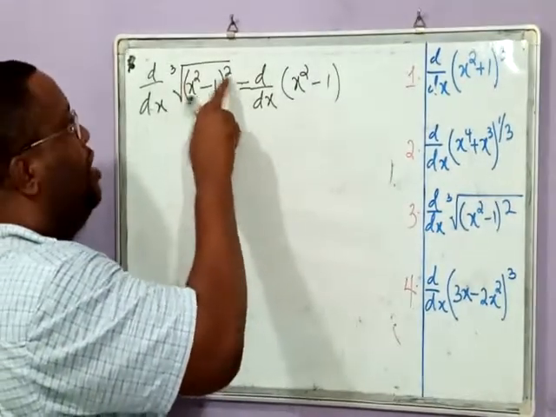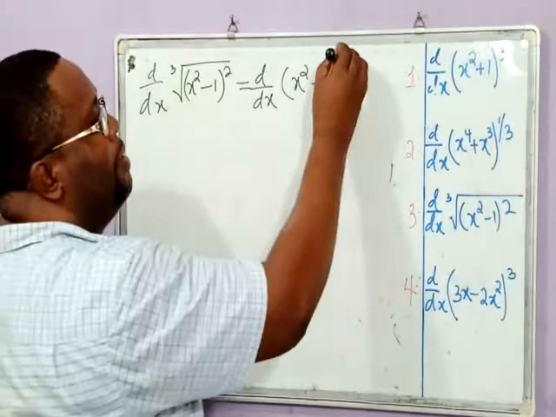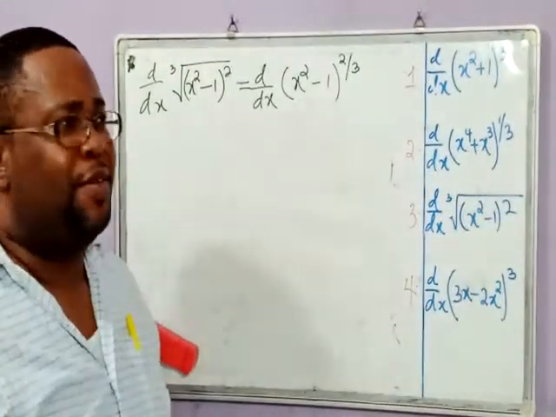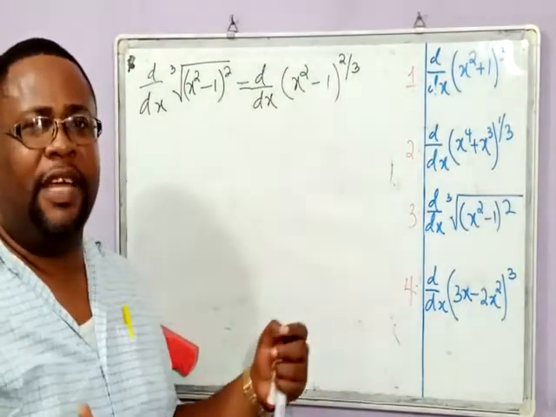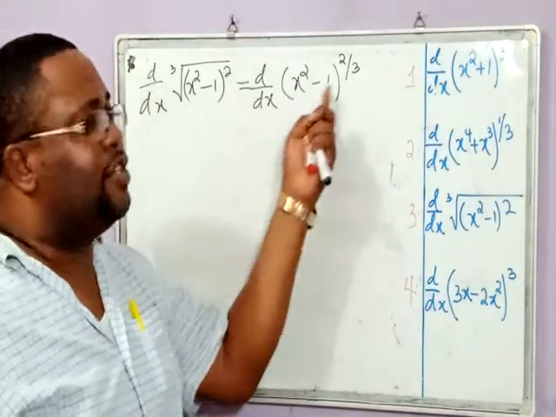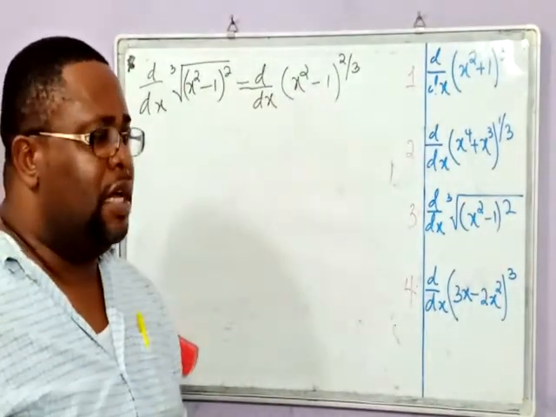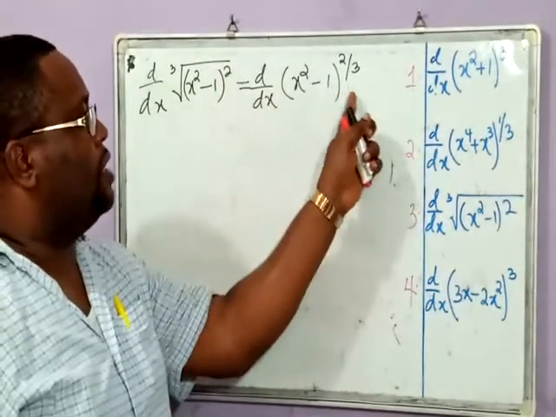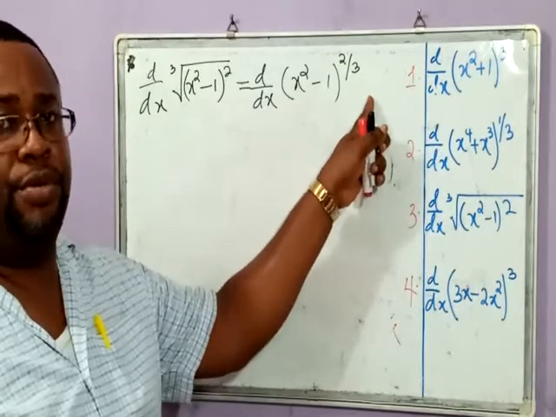Because of this 2 here, and this is cube root, this simply becomes to the power 2 over 3. You can look up my videos on indices where I am analyzing this sort of thing. So the power here is 2 over 3.